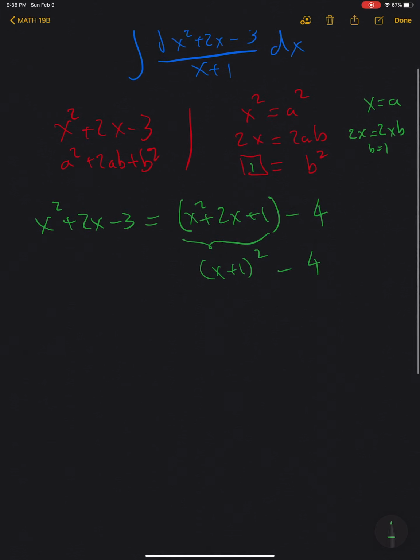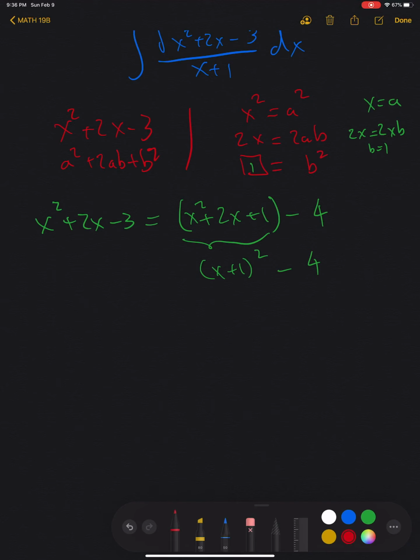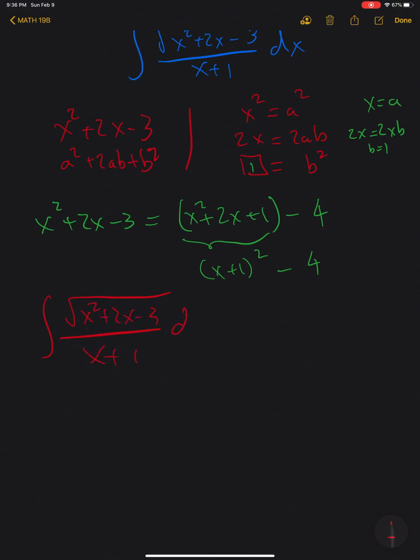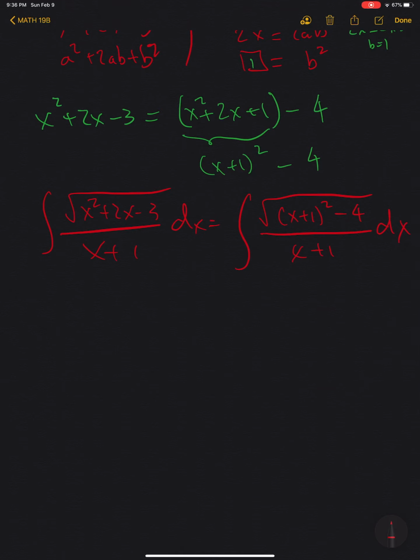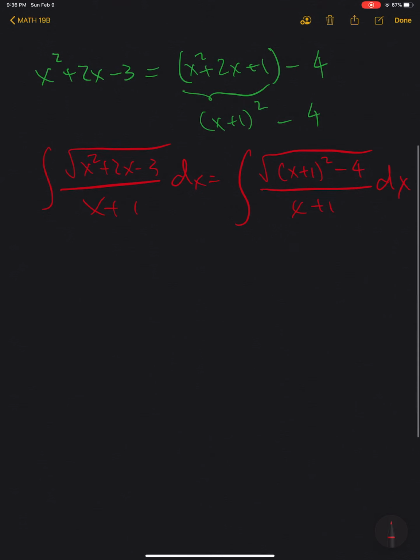So we can rewrite our original expression as follows: the integral of the square root of x squared plus 2x minus 3 divided by x plus 1 dx equals the integral of the square root of x plus 1 squared minus 4, whole thing divided by x plus 1 dx. Again, the advantage in here is that we have a square minus a number, and now we can use a trig substitution for this.